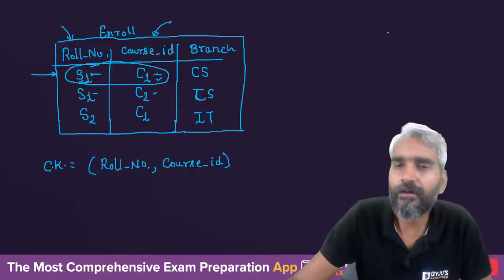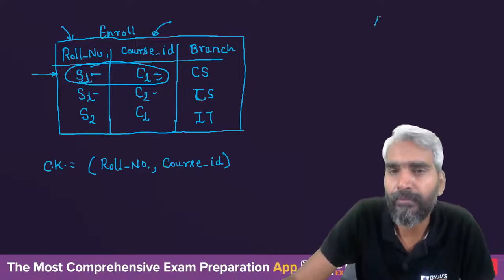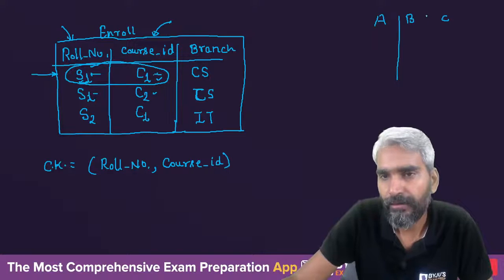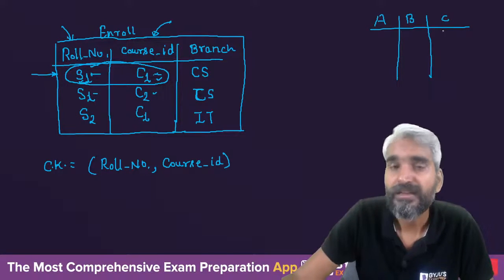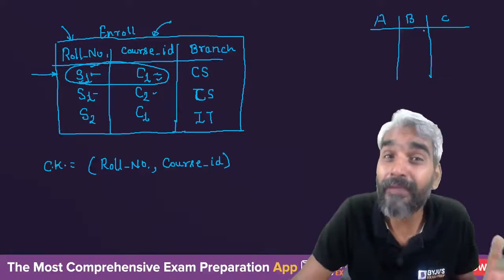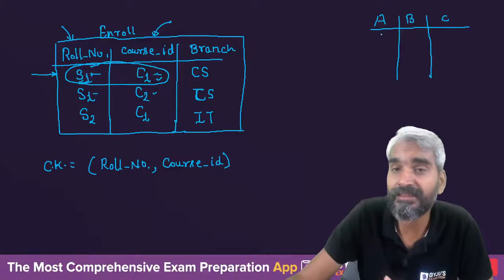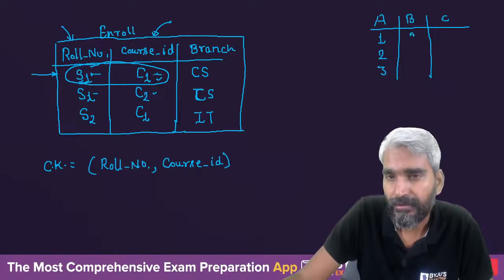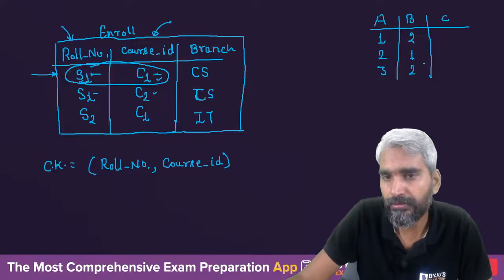Now, let's think of some other relation which is not available in this form, but somebody is saying A, B, C. No information is available about A, B and C, but you just know the values: 1, 2, 3; 2, 1, 2; 3, 3, 1.